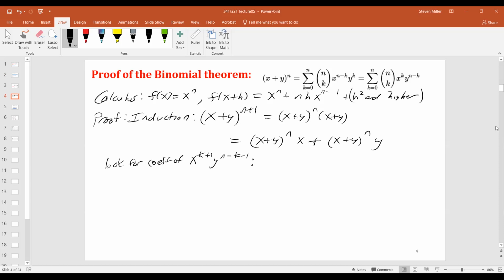And so for the x plus y to the n times x, well, if I want to get an x to the k plus 1, I need the x to the k y term here, y to the n minus k. And then actually this should be n plus 1, sorry, because we're doing x plus y to the n plus 1. So let's just do it as x to the k. We'll make it a little bit easier.